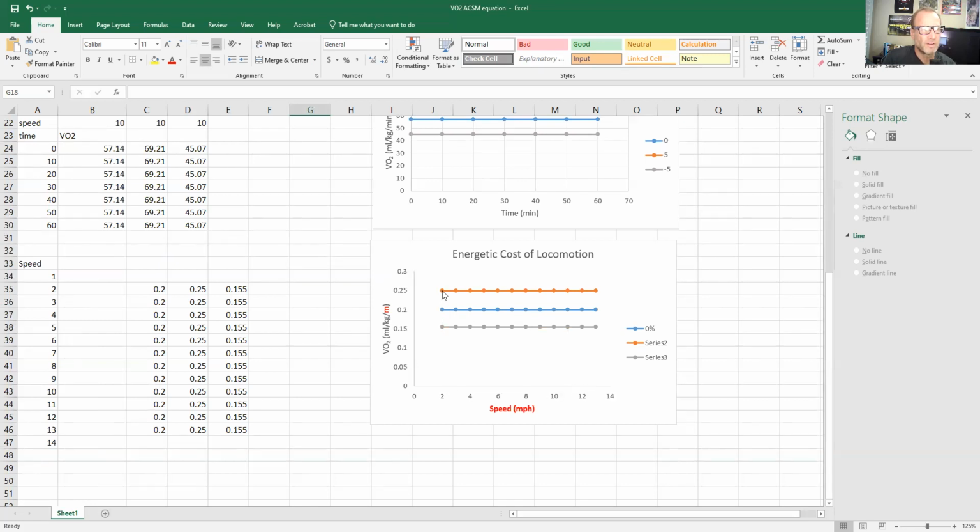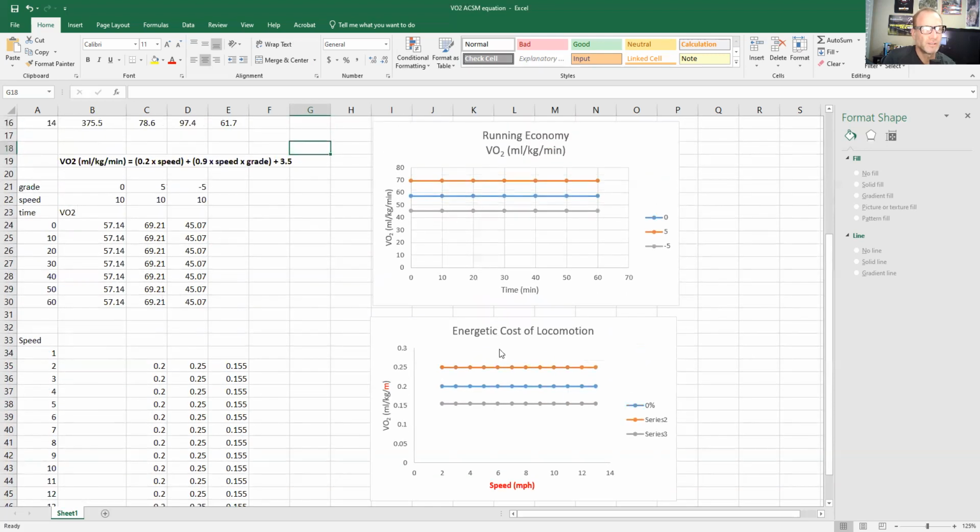So if I ran at 2 miles per hour, I used 0.25 milliliters of oxygen per kilogram body mass for every meter, okay? And it doesn't matter what speed I ran at, I consumed the same volume of oxygen.